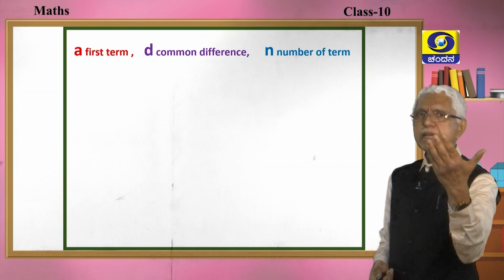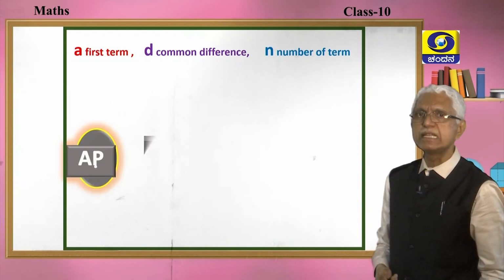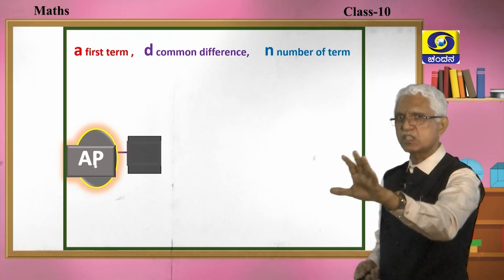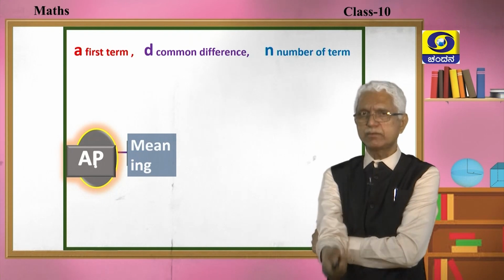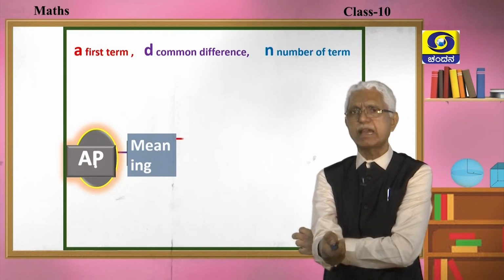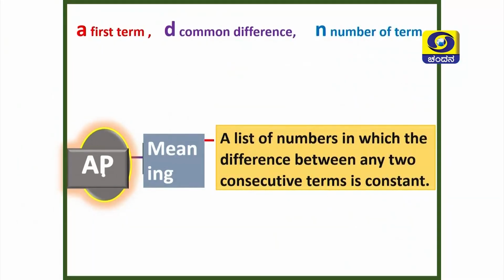Summarizing, in any AP, A is the first term, D is the common difference, n is the number of terms. Okay, this is just the summary. So arithmetic progression meaning, we will just recall once again whatever we have defined. One definition is a list of numbers in which the difference between any two consecutive terms is constant, correct.